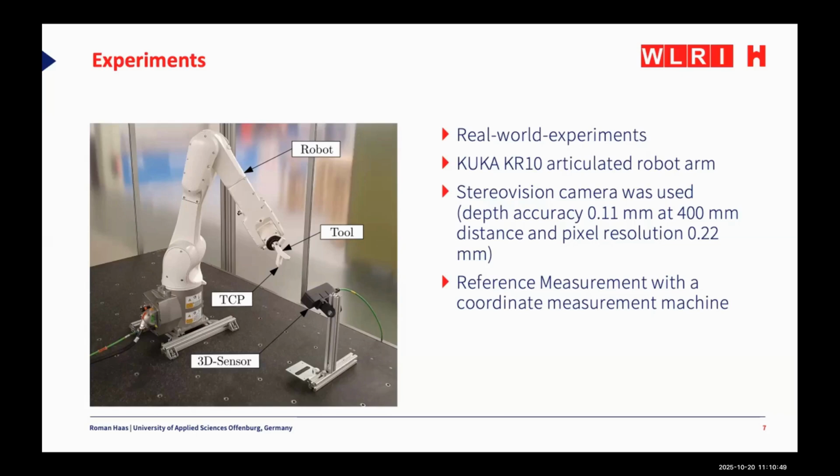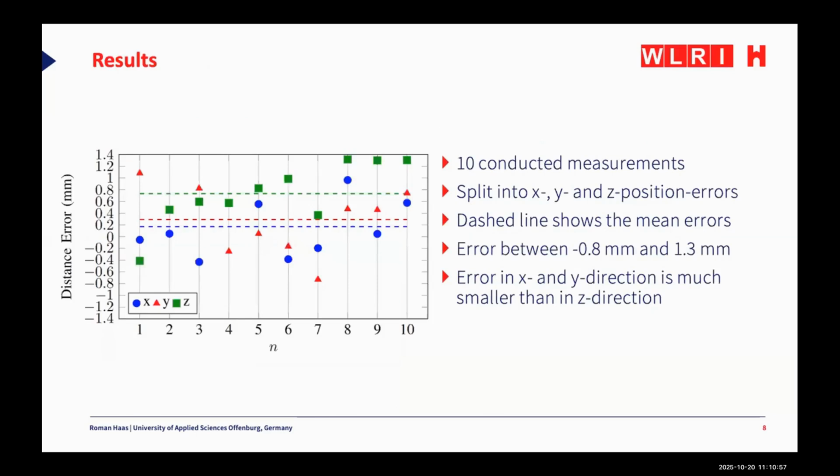So we had a ground truth of everything with a coordinate measurement machine. And these are the results. This is only the distance error, so only positional accuracy. In the slide after that, we see the rotational errors. The zero line is our reference measurement. So this is the ground truth that we use in our measurements.